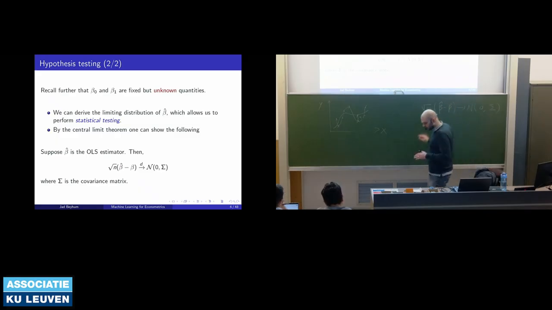So what does that mean? If I consider all the possible samples of 1,000 Belgians, on each of them I compute beta hat, then I compute square root of n times (beta hat minus the true beta), then this looks increasingly normal as I increase the sample size.